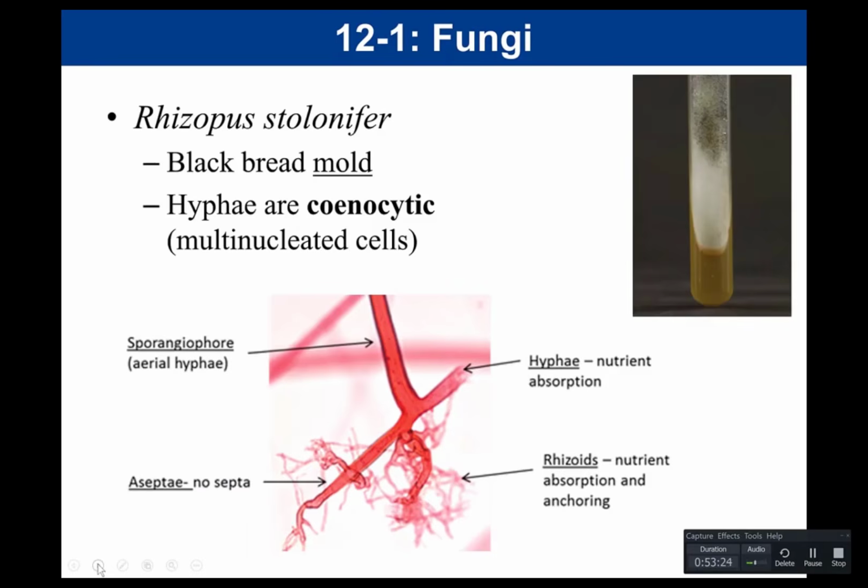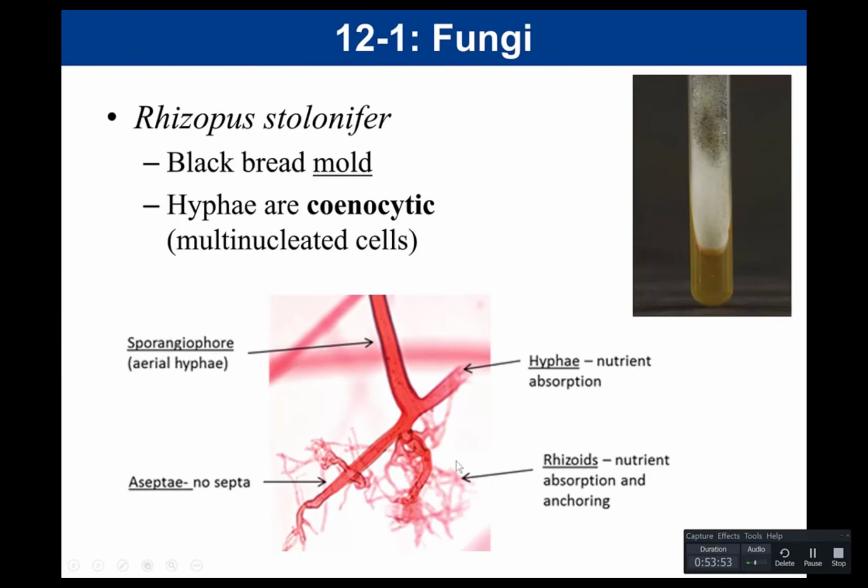You want to know the 3 types of molds that we talk about. So we have our Rhizopus stolonifer, which is our black bread mold. You want to know that their hyphae are aseptate, which means that there's no septum, and that the hyphae end up being what's called coenocytic. They have multinucleated cells, so there's no wall separating the nuclei.